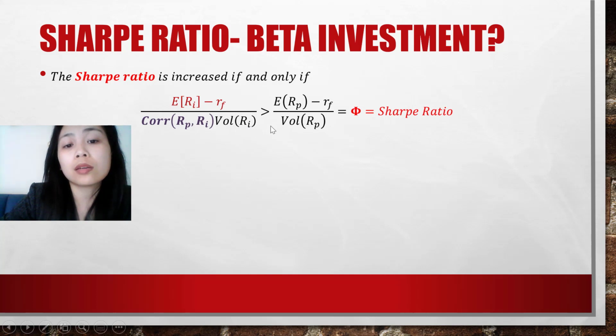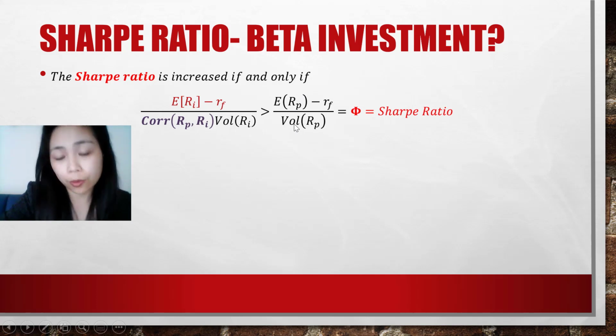This is greater than expected return of portfolio subtract the risk-free rate RF over volatility of RP. We notice that the right-hand side of this inequality is the Sharpe ratio of the portfolio, because the numerator is the risk premium of the portfolio and the denominator is the volatility of the portfolio. So we got phi, the Sharpe ratio of the portfolio.